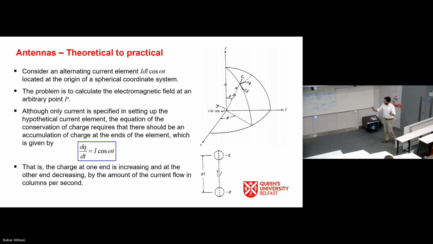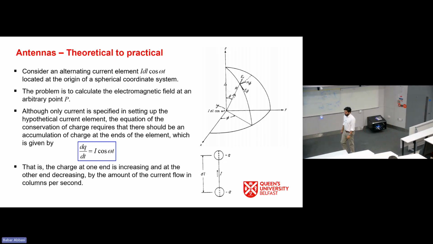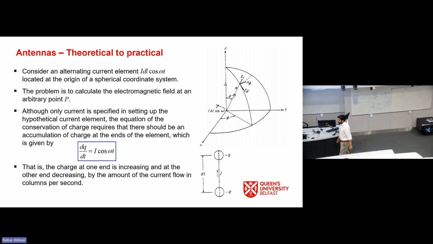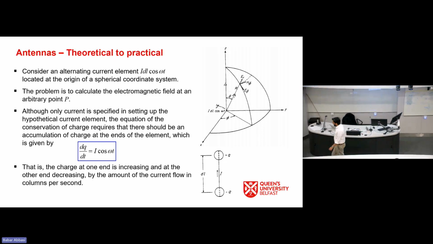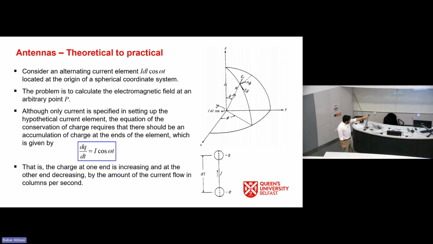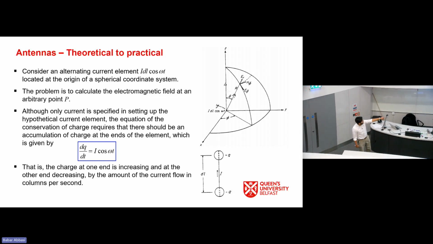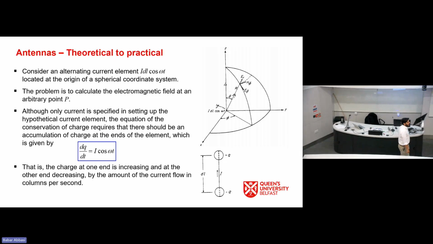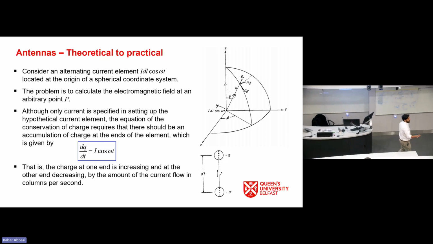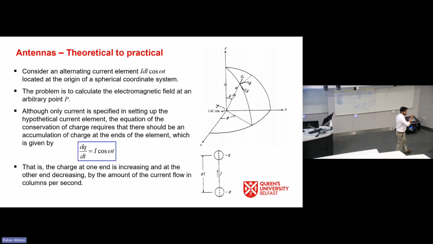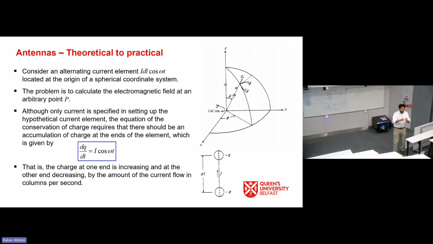It's simple to understand, but let's move one step more towards the practical side. This simple dipole that I have drawn there, a simple plus and minus at a very small distance dl, is not practically possible, because where am I going to put it?